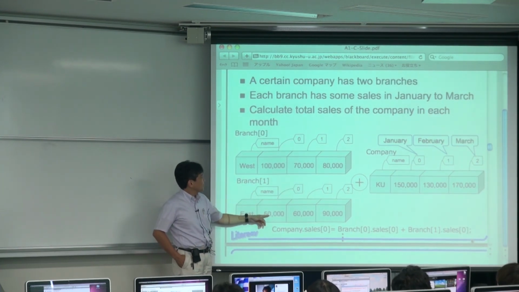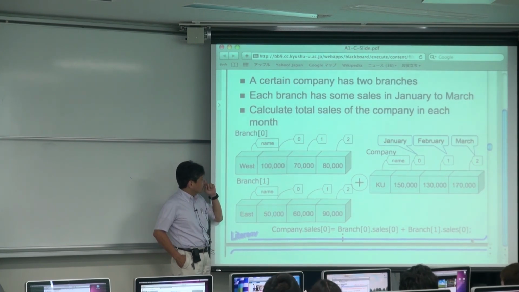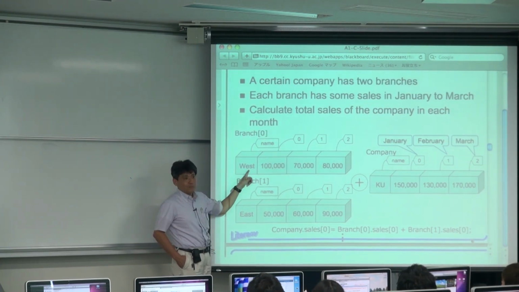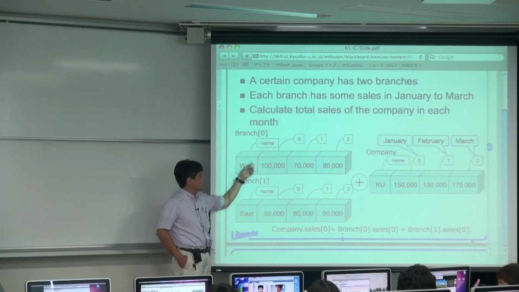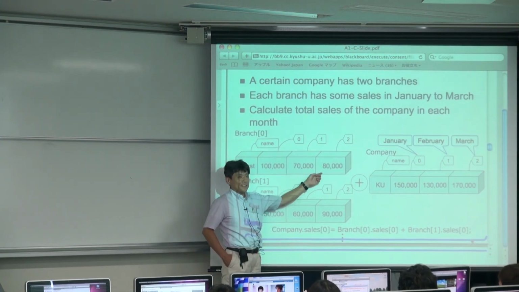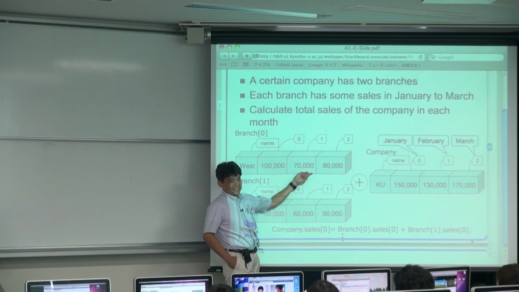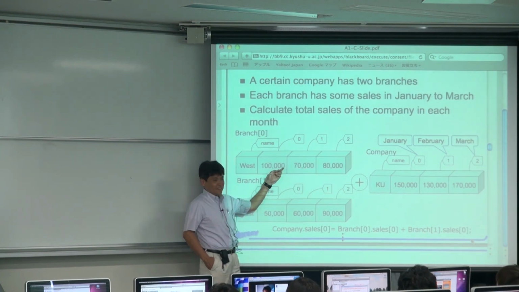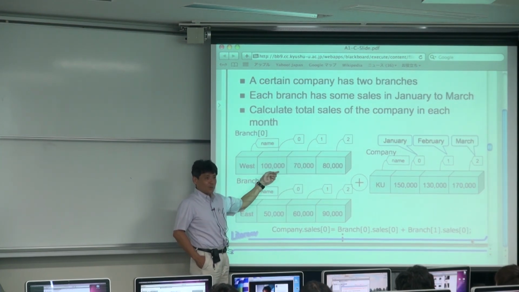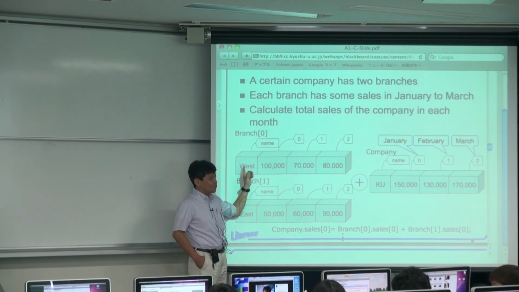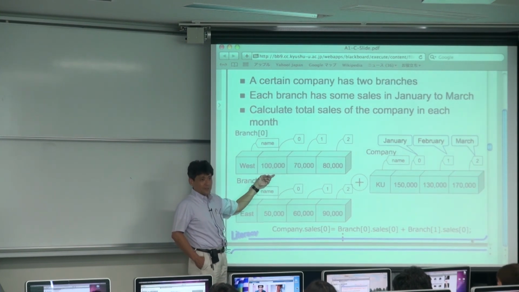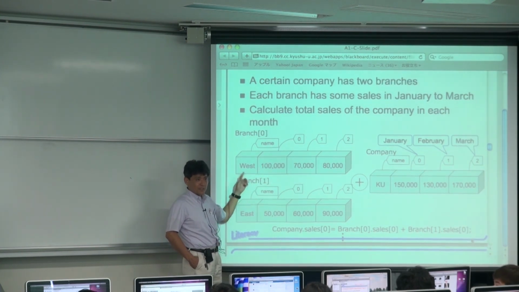Okay. So each branch has a branch name. So branch name and this array variable are member variables of the new structure type data for each branch.